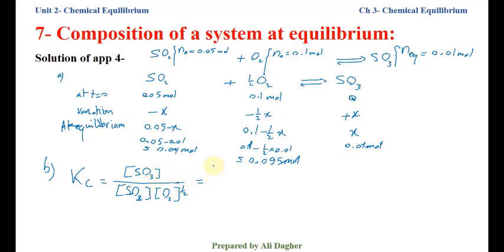Then we divide the number of mole by volume to transform it into concentration. Concentration of SO3 equals number of mole SO3 over V, over concentration of SO2 equal NSO2 over V, times concentration of O2, NO2 over V, power half. We simplify V and V, same volume.